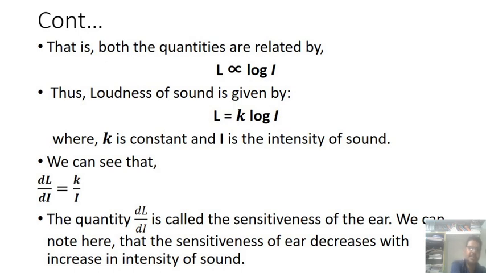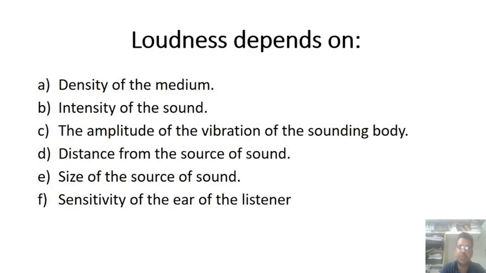So we can write it in the form dL by dI. The dL by dI is called the sensitiveness of the ear, which is equal to K by I. We can note that the sensitiveness of the ear decreases with increasing intensity of the sound.